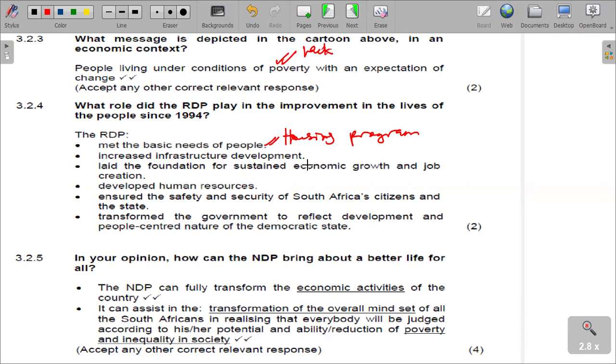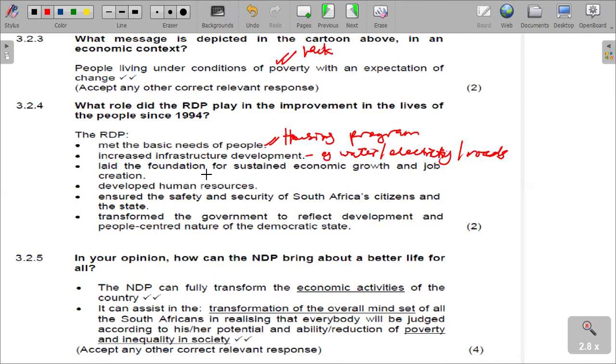Increased infrastructure development. We talk about this as to say, example, social services, e.g., we can talk about water, we can talk about electricity, we can talk about roads as examples of infrastructural development that are found there, where the Reconstruction and Development Program has taken place.